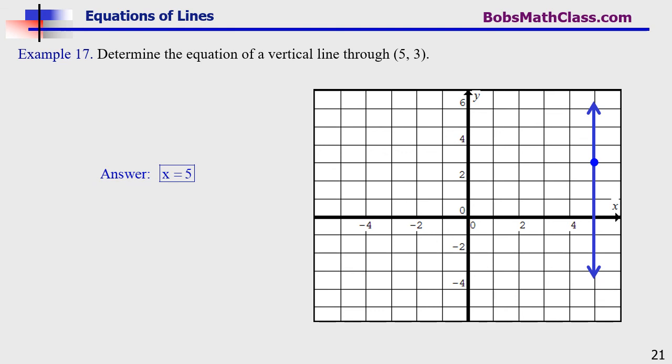Also notice that we wanted x equals, and it's 5, and look at the x value of our point. That's also 5. If it's going to be y equals, it would be y equals 3. So when you have an x, you take the x value. When you have a y, you take the y value. There's not really any work to show. We just kind of have to understand the concept here.